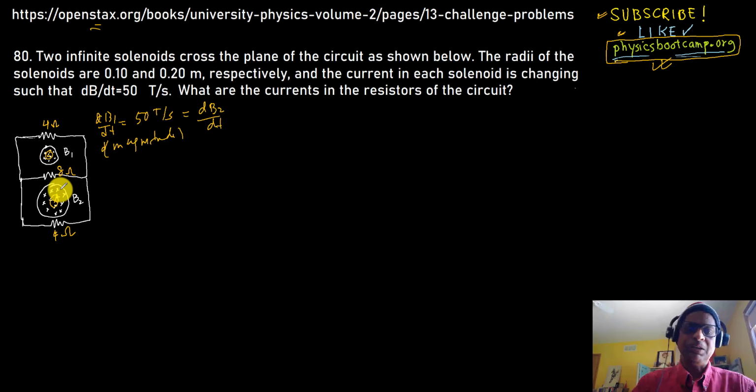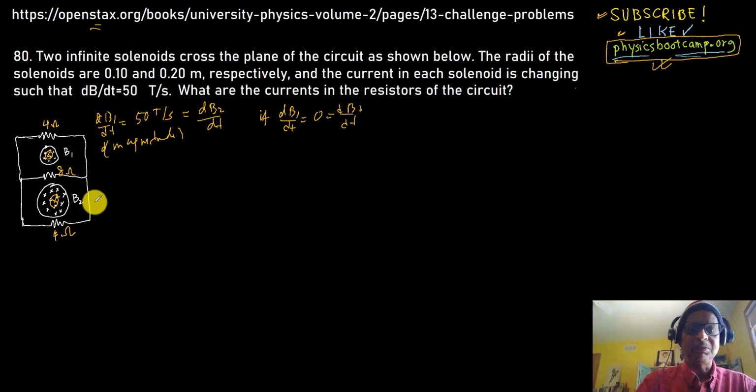If you don't change the magnetic field, there will be no current. If dB1/dt is 0 and dB2/dt is 0 in this situation, then no current is induced. This is really classic Faraday's law.